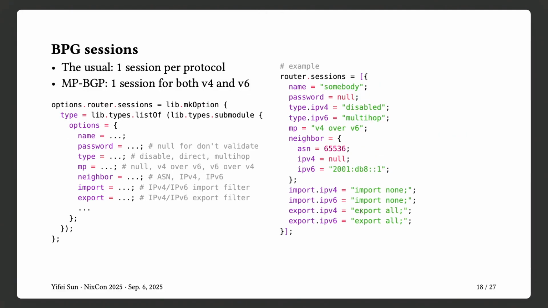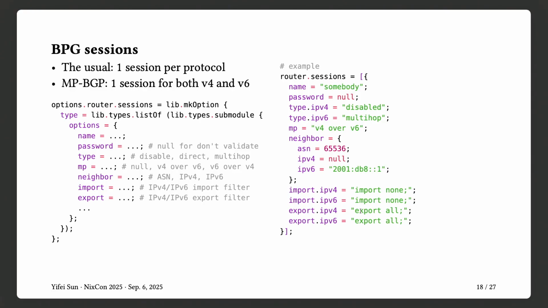For BGP sessions, this is the part that gets interesting. You get a list of attribute sets where it contains the name for the session and the password for configuration validation and the type of the session. You can either have v4, v6, or you can generate both in one blob.